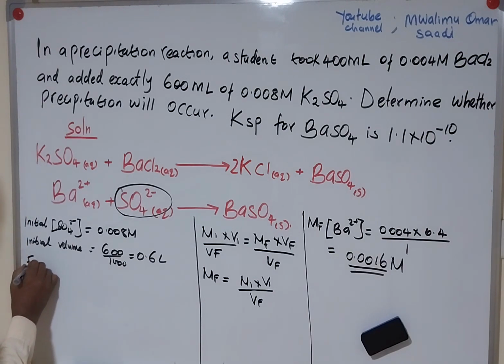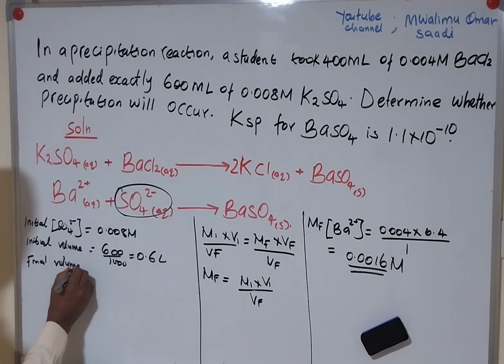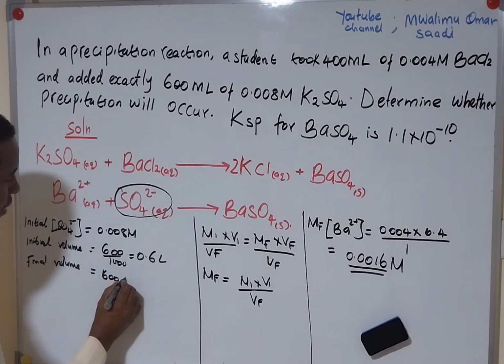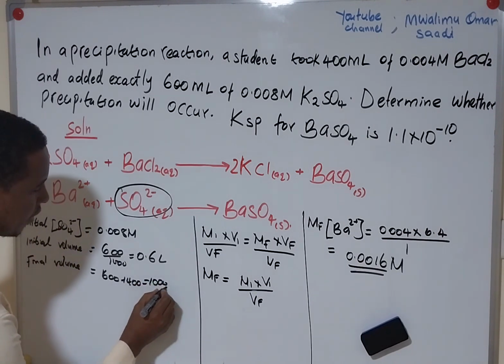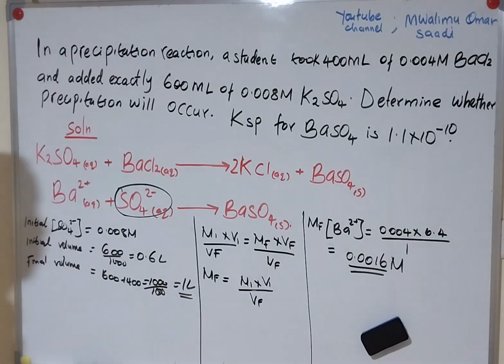And the final volume is 600 plus 400, which is 1000 ml, changing to 1 liter.